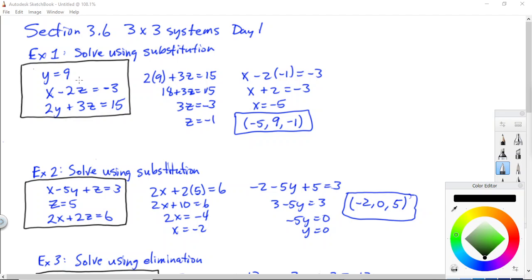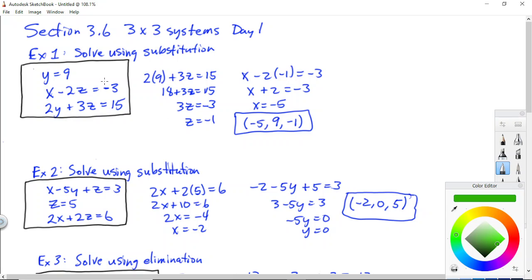Now this first system is kind of simple, kind of nice, because one of those three equations is just y equals 9, this first equation. So that's pretty nice. For one thing, it's already solved one of the equations, right? And also that's going to give us something to substitute.